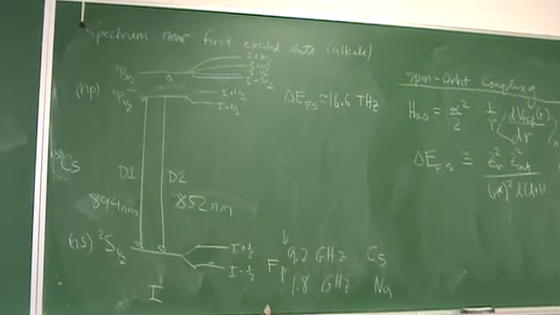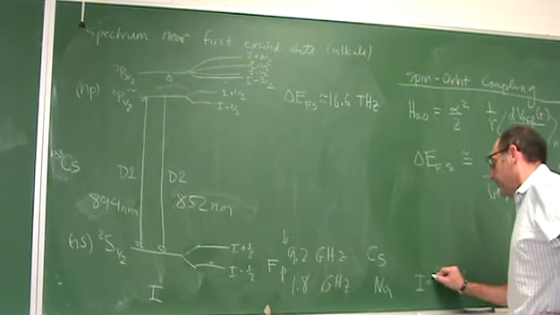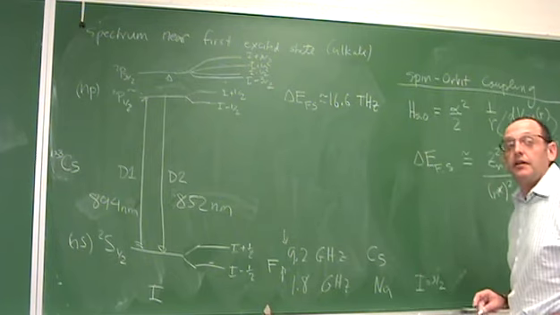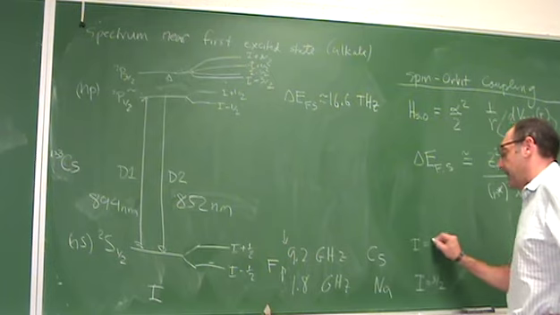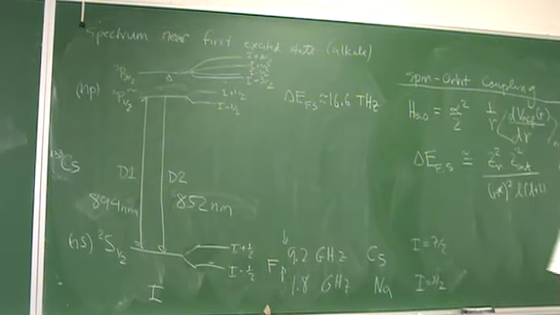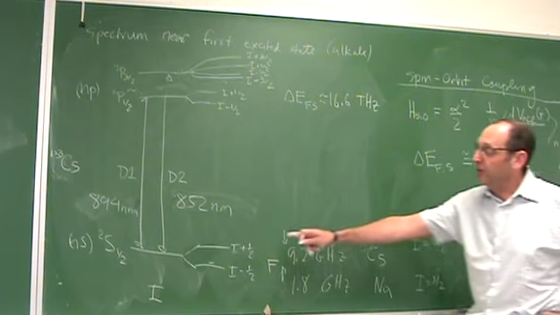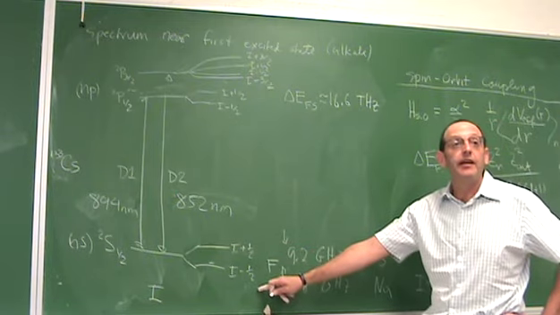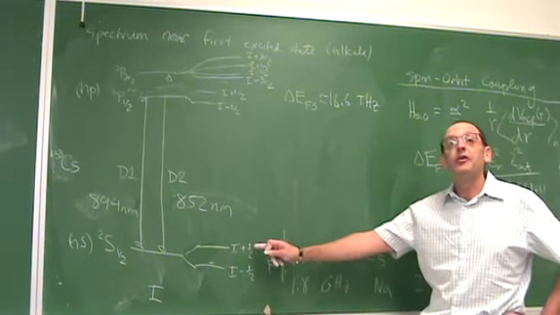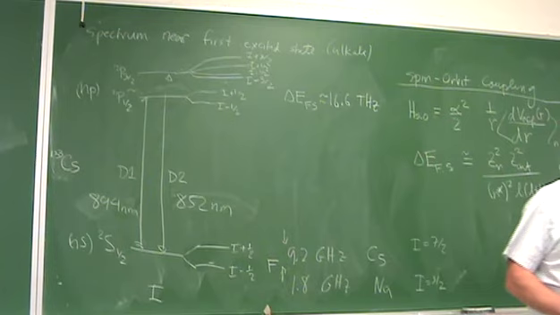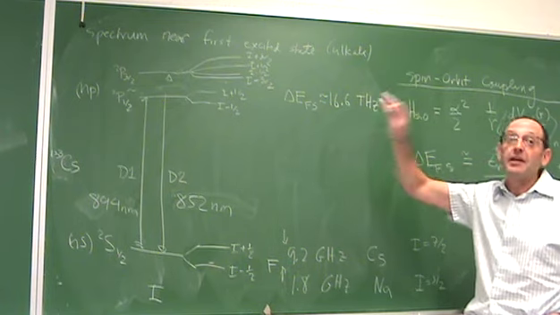Do you remember what I is for sodium? Yes, I is 3 halves for sodium, the standard isotope, and for cesium, it's 7 halves. So in cesium, this is F equals 4 and F equals 3, and in sodium, this is F equals 2 and F equals 1.